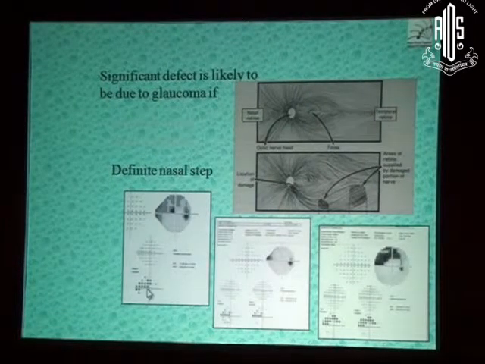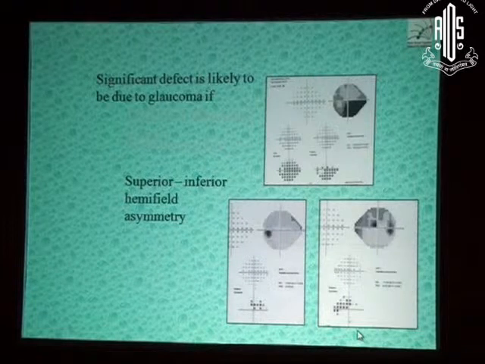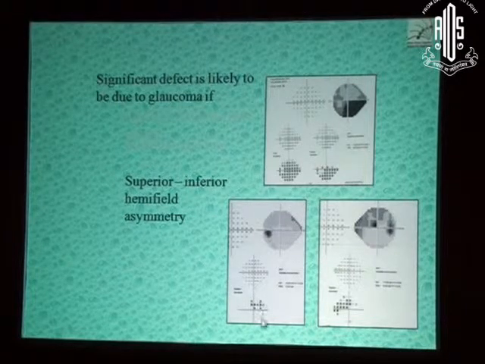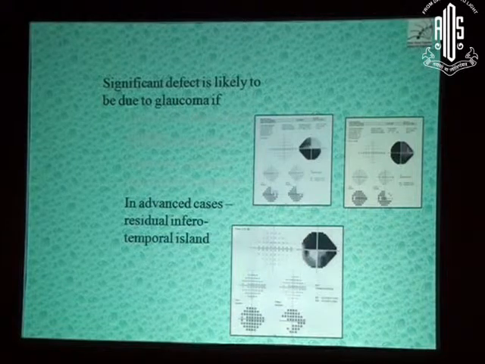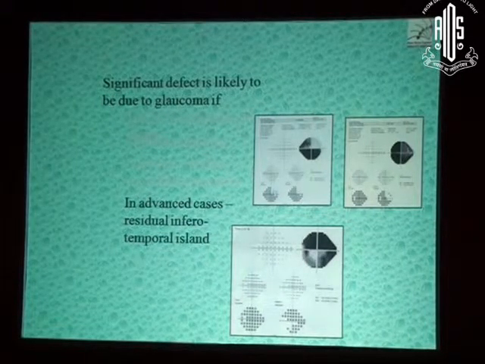These are the definite nasal steps. Third is superior and inferior field asymmetry. As I told you before, you can see gross superior-inferior field asymmetry. The fourth point: sometimes we cannot tell whether this is neurological or glaucoma.